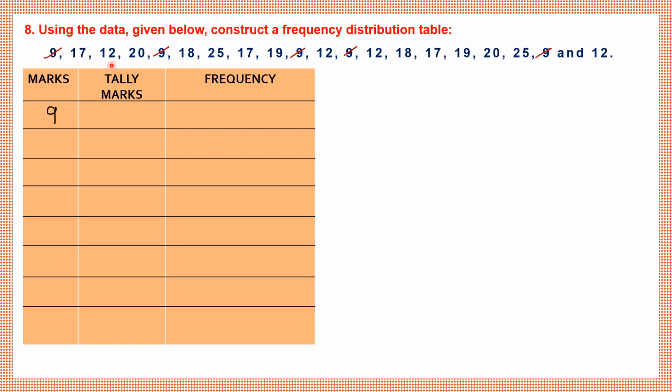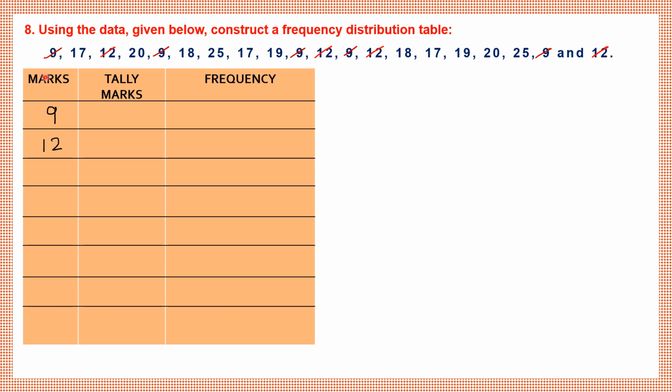Greater than 9, now 12 is there. Let's see if there's any number smaller than 12. We have 12 again. So 12 is the next smallest number. Let's strike out all the 12s so that we can get the other numbers.